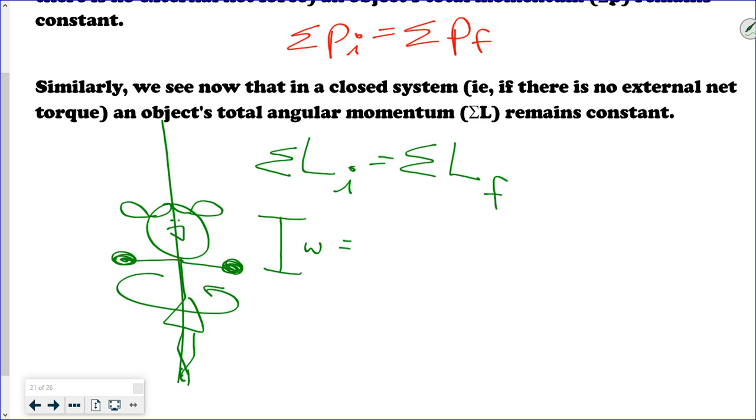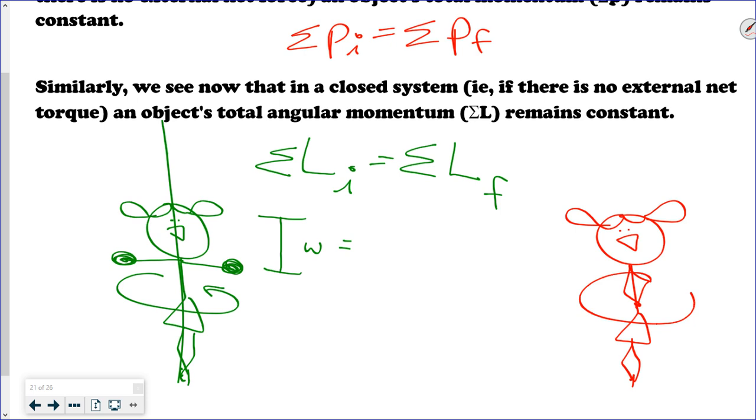Then what happens is if the figure skater pulls her arms in, they suddenly spin very fast. The reason that happens is when they pull their arms in, they're bringing their mass closer to their axis of rotation and thus reducing the rotational inertia.